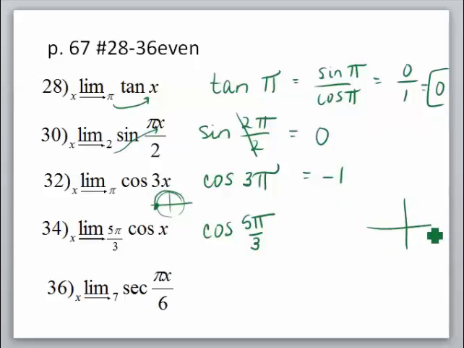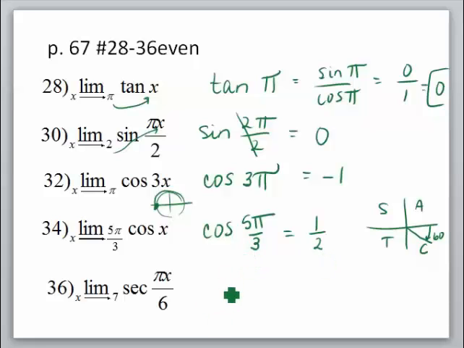Let's see here. 5 pi over 3 would be somewhere in the fourth quadrant here. Reference angle of 60 degrees. So I would be saying the cosine of 60, which would be 1/2. But since it's in all students take calculus, the fourth quadrant is positive for cosine, so it is 1/2.